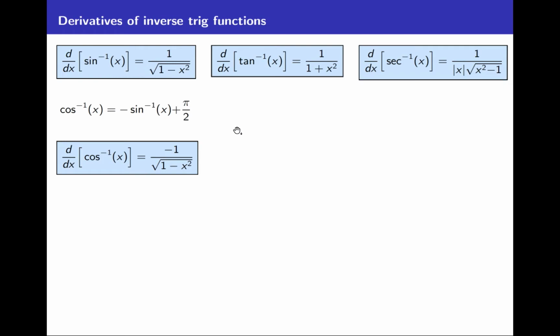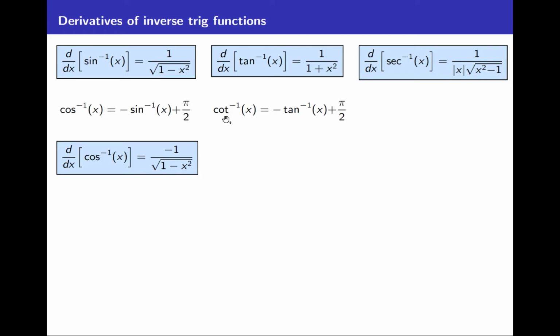Let's play the same game for cotangent. Cotangent inverse of x, if you'll recall, equals negative tangent inverse of x plus pi over 2. You may want to go back and review your notes or read the text or go back to that lecture. But it's a fact. Cotangent inverse of x is expressible in terms of tangent inverse of x in this way.